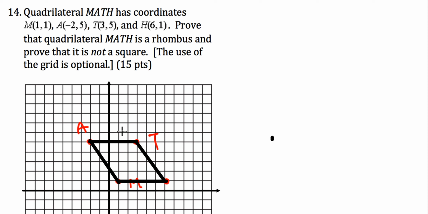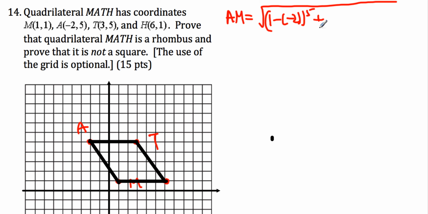In order to show that it's a rhombus, one thing we can do is use the distance formula. So let's go for the distances. AM distance becomes 1 minus negative 2, and then the second one is 1 minus 5.